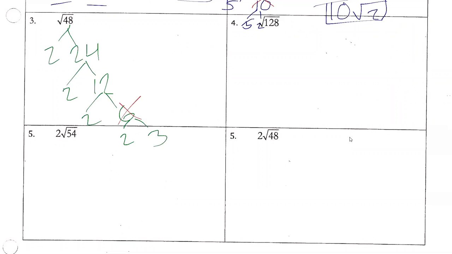Once you break something down, you're not looking at it anymore. So we're not looking at those numbers because we broke them down, but we have a 2, a 2, a 2, a 2, and a 3. Usually I just write it underneath my radical. So we have 4 2s and 1 3. Then you could circle your pairs.